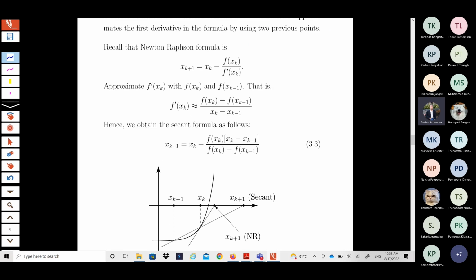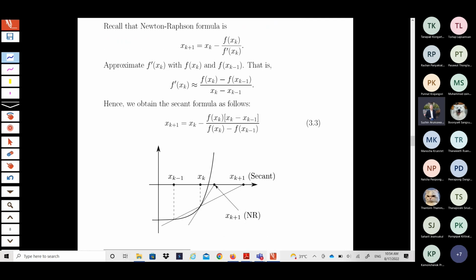So people try to avoid this by adding some idea, that is, we try to approximate f prime of xk with xk and xk minus 1 from previous iterations. That's the idea.